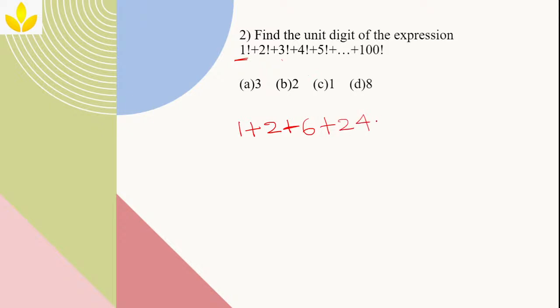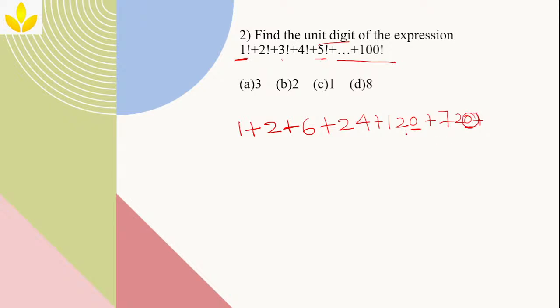What is 4 factorial? 24. Plus what is 5 factorial? 120. What is 6 factorial? 720. Now you can see the pattern here. What's happening? The last digit is coming as 0. After 5 factorial, you can take any factorial, the last digit is always 0. And what we need?